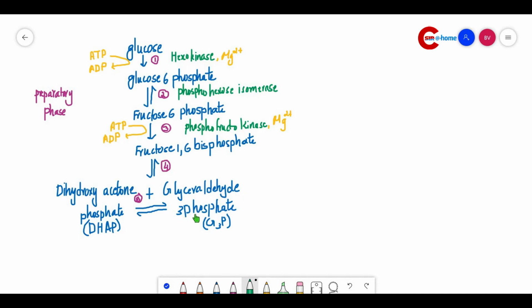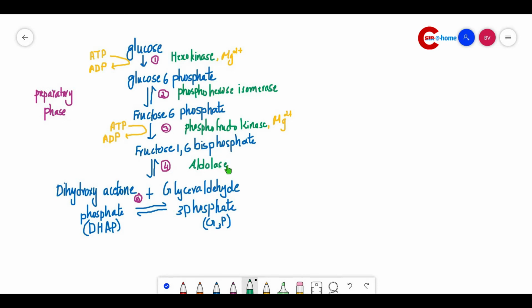Okay, that we can study later. Then next, fructose 1,6-bisphosphate is converted into dihydroxyacetone phosphate and glyceraldehyde 3-phosphate with the help of aldolase.